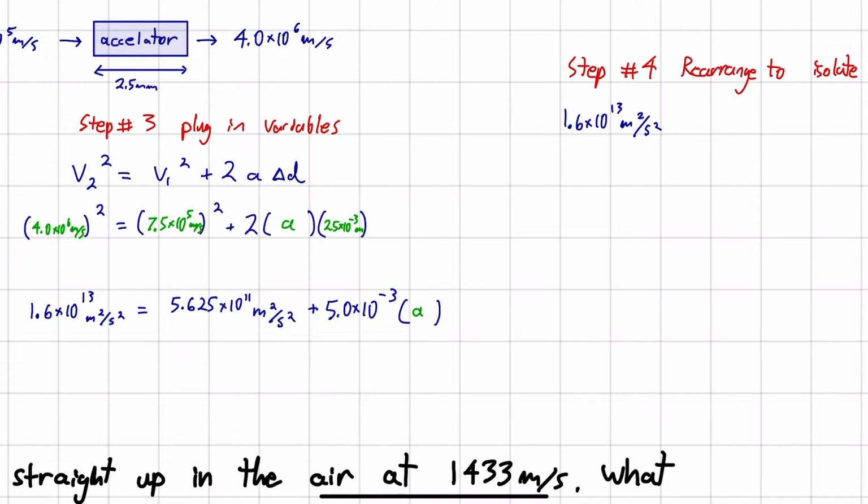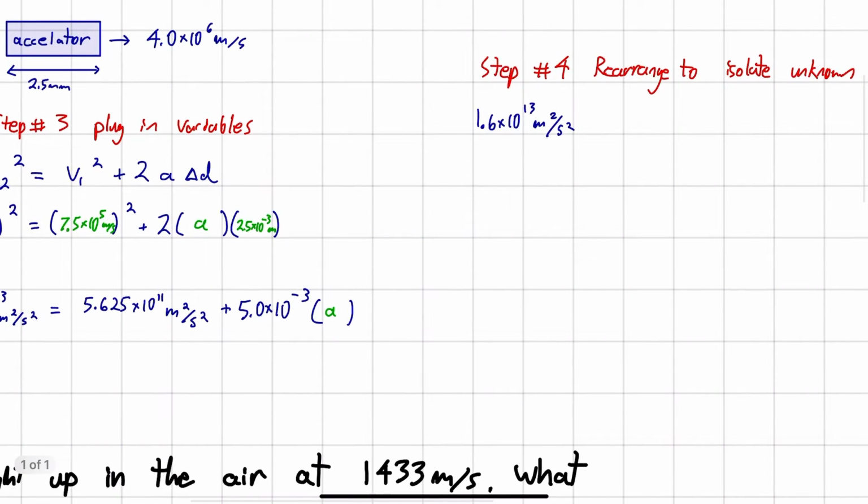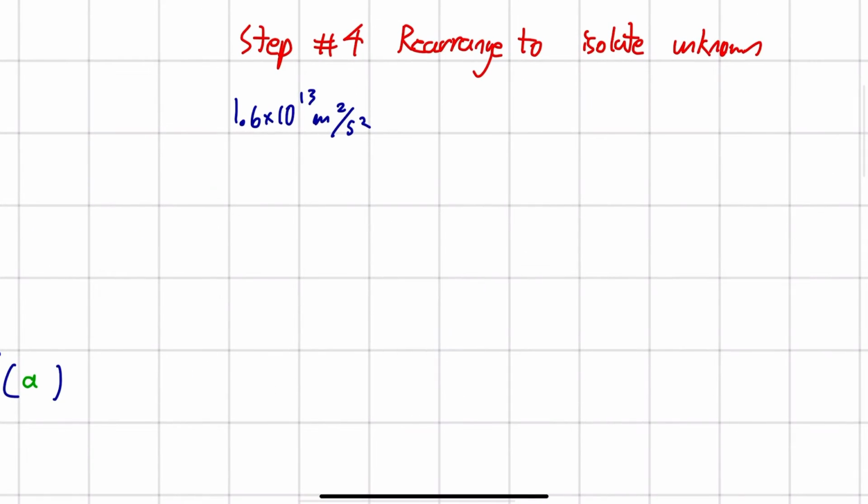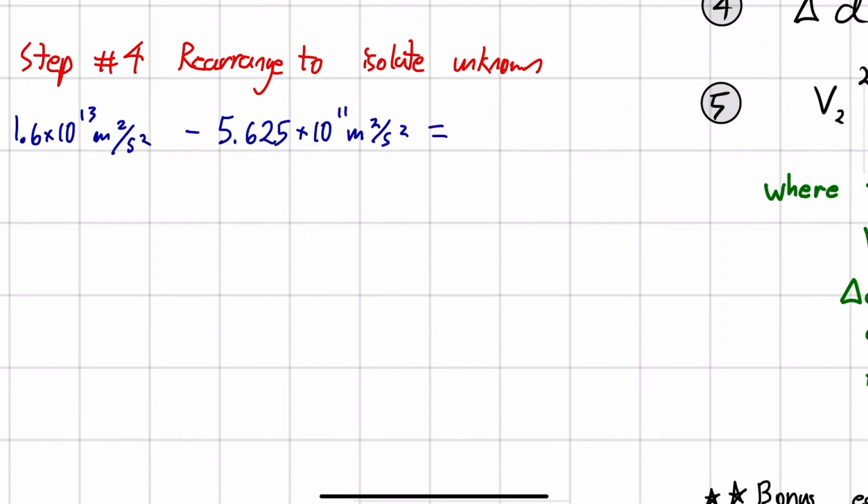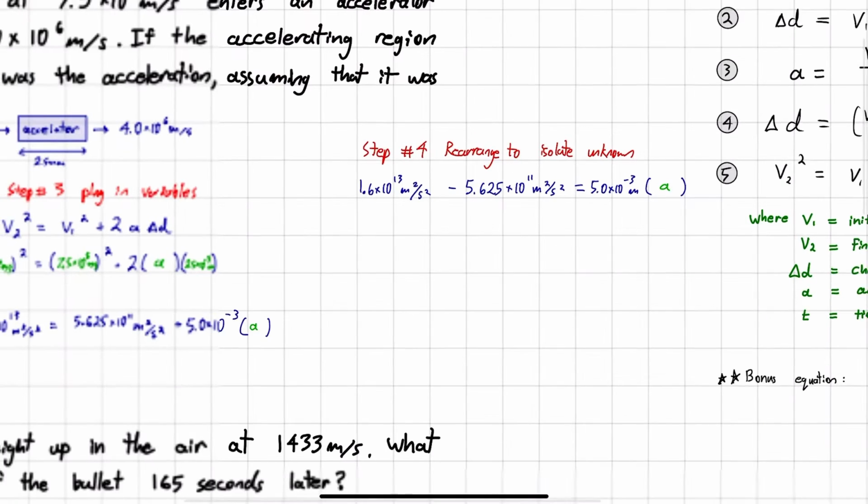The only thing we're moving is the 5.625, and remember when we're switching a value onto the other side of the equal sign, it will become a negative. So this step is simply just rearranging the equation that we already have, and that is equal to 5.0 times 10 to the negative 3 meters times acceleration.